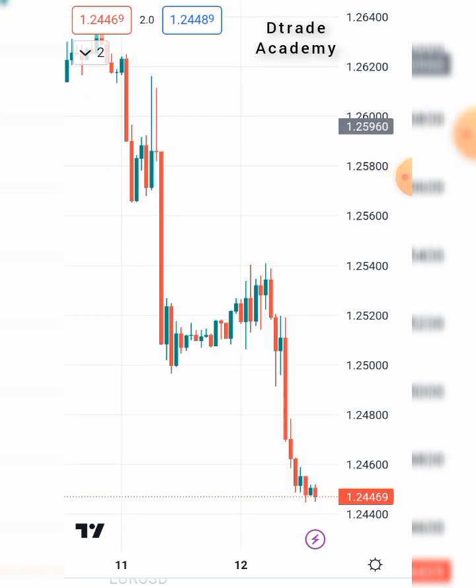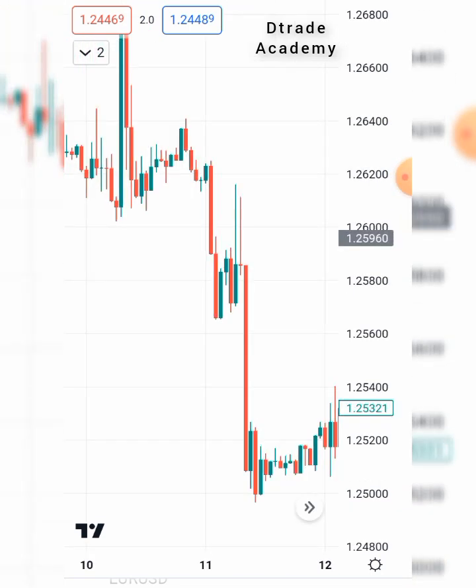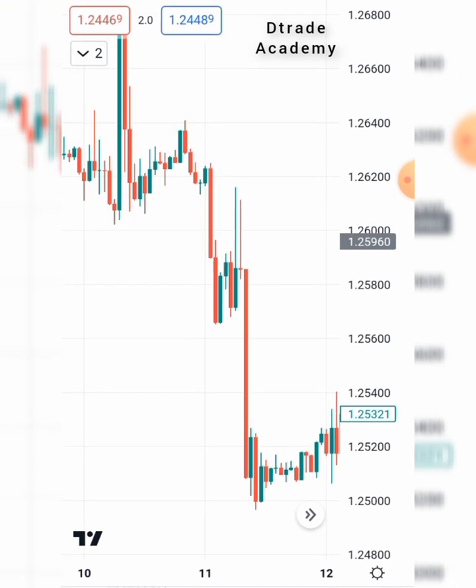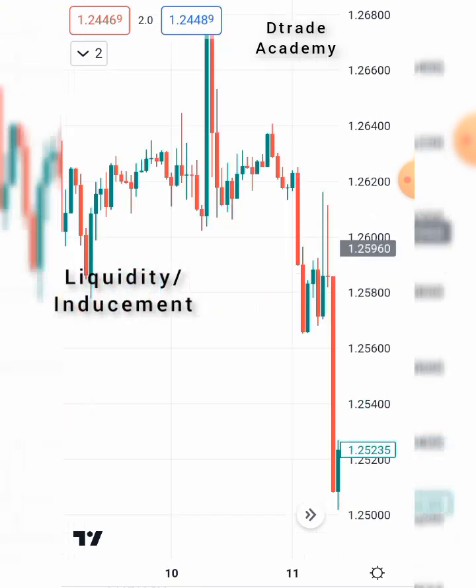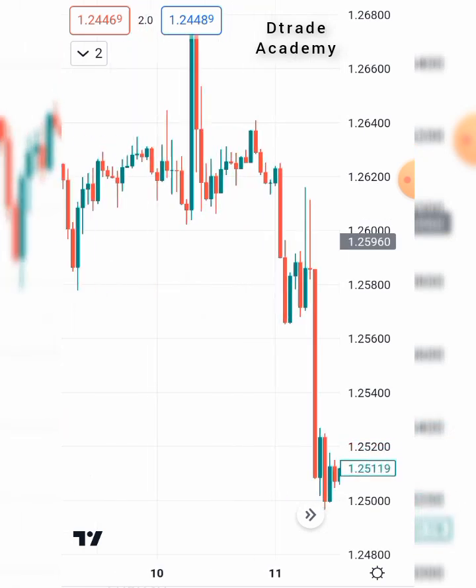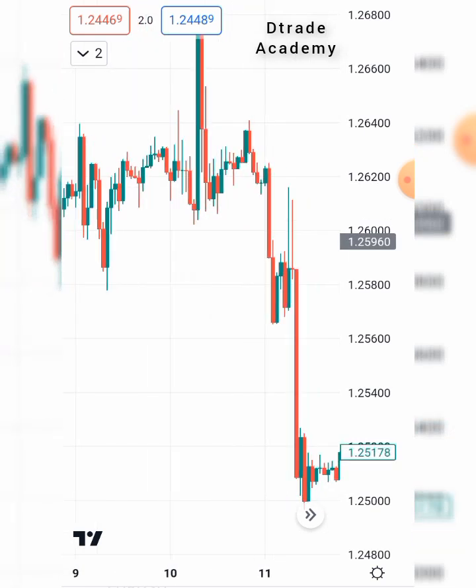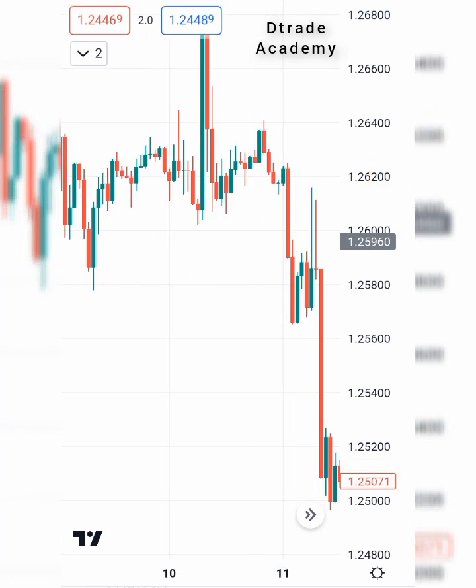Now, once we have concluded the direction of our market structure, the next thing to look out for is liquidity or inducement. Looking at this, we can see that this market broke structure from here using SMC strategy, smart money concept strategy.